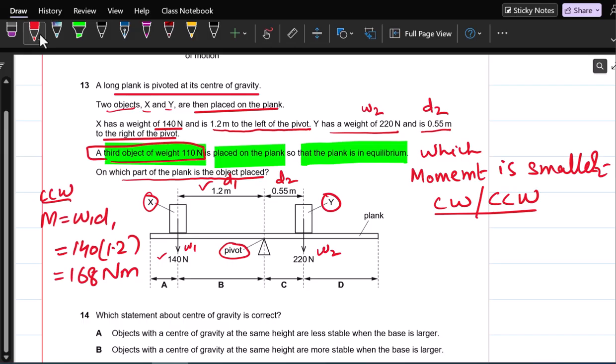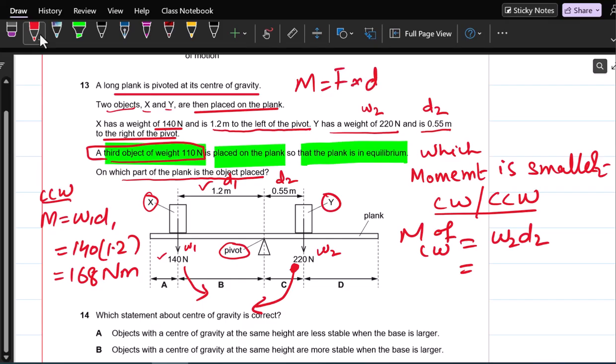Now I calculate the clockwise moment, this one. This is going to be the clockwise moment and this was counterclockwise. The clockwise moment is equal to W2 D2. You know the concept of moment. Moment is basically force times distance. So this is 220 times 0.55.